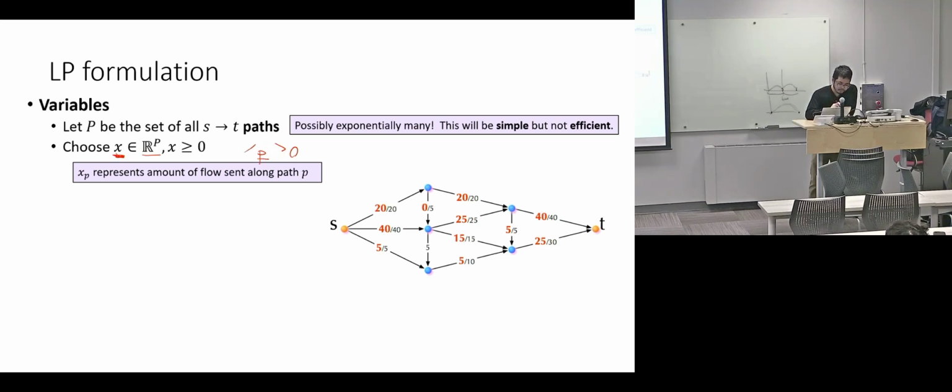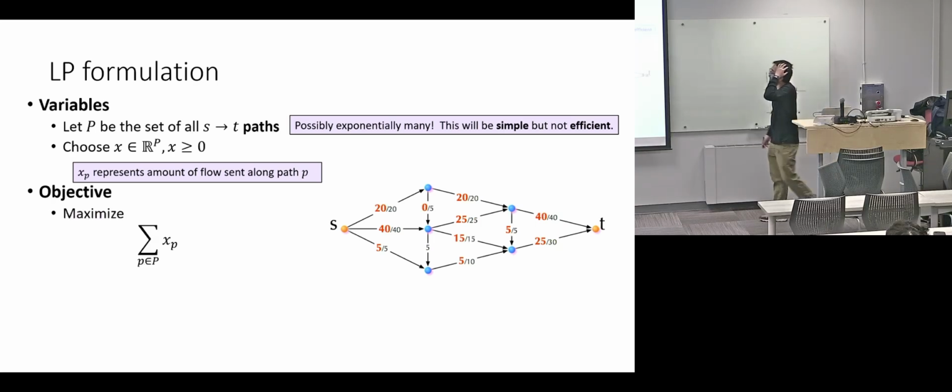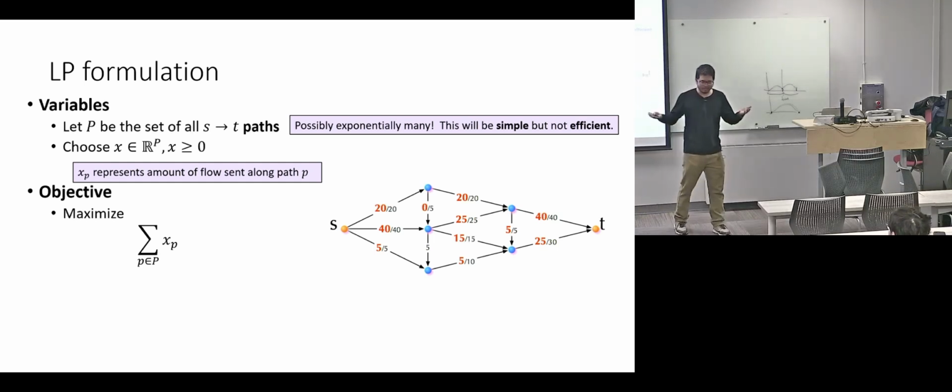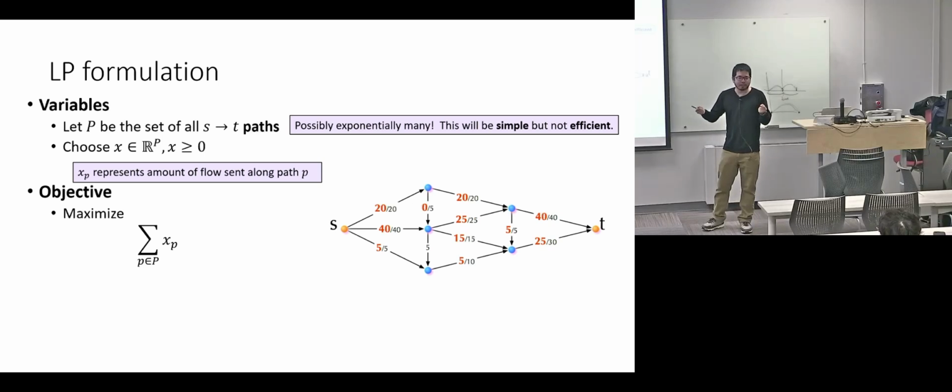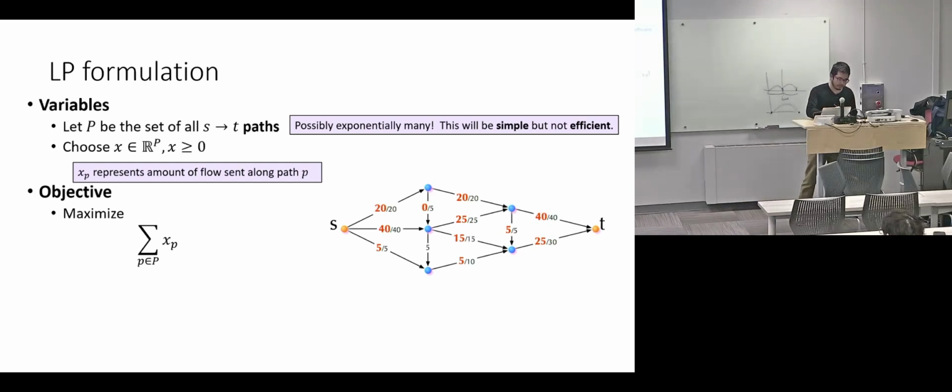And xp here will represent the amount of flow that's sent along the path P. And now my objective is I want to maximize the total value on all ST paths. Note again, when you look at flow, if you care about the value of the flow, you just care about ST paths. You don't care about cycles, right? So it makes sense to just try to optimize this.